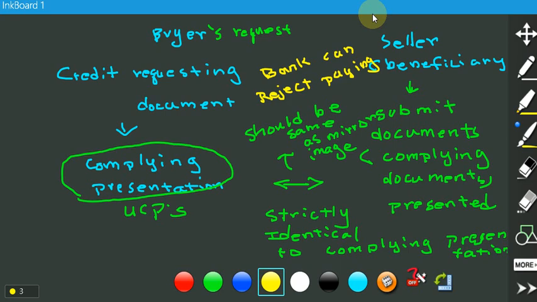Next time, we're going to have the limitations of the letter of credit, and at the same time we will learn how to get rid of the drawbacks, and we will see the advantages and disadvantages of the letter of credit together. Okay.